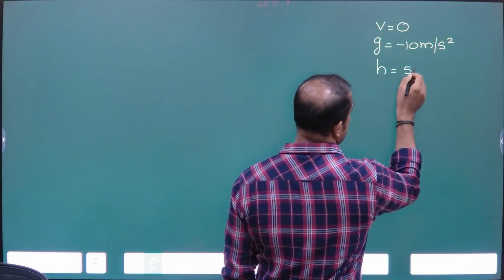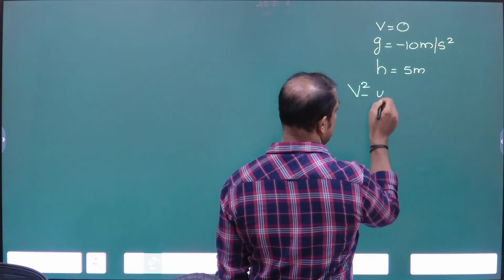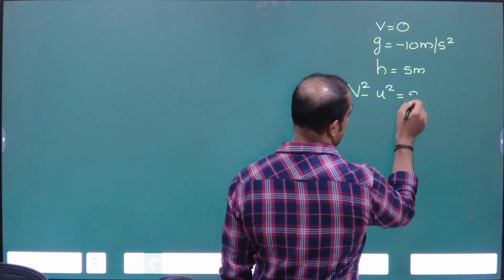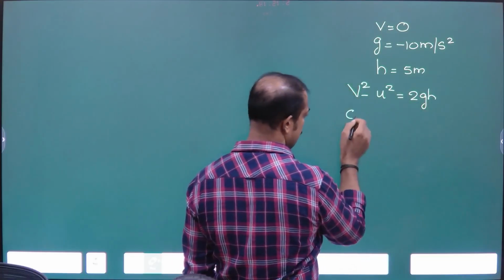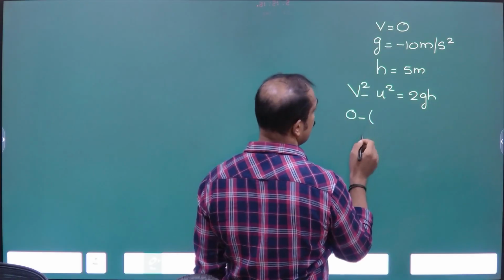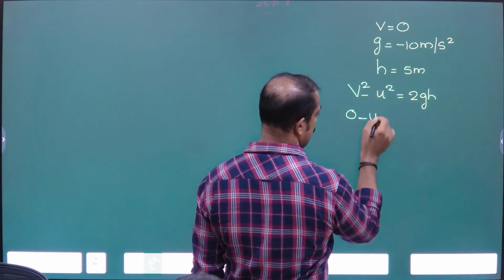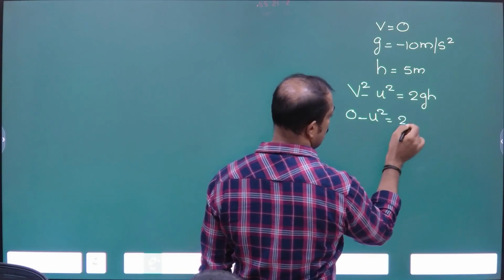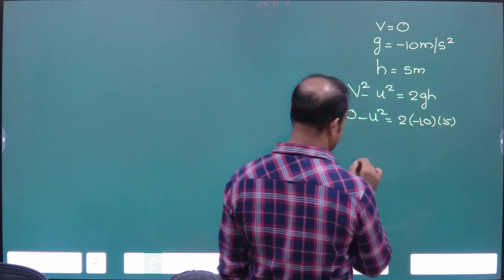देखो टाइम नहीं है हमारे पास, तो कौन सा फॉर्मूला? एक ही फॉर्मूला होगा, V स्क्वायर माइनस U स्क्वायर इक्वल टू 2G H. V 0 माइनस U, ये तो फाइंड करना है ना, माइनस U स्क्वायर इज इक्वल टू 2 इंटू माइनस 10 इंटू 5.